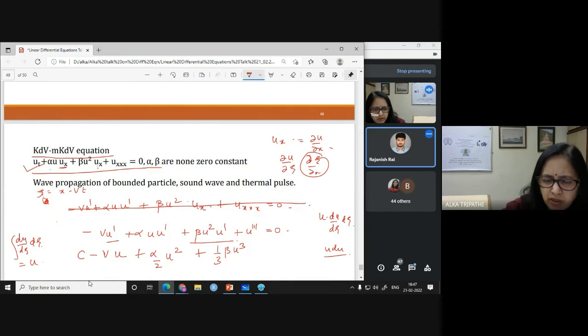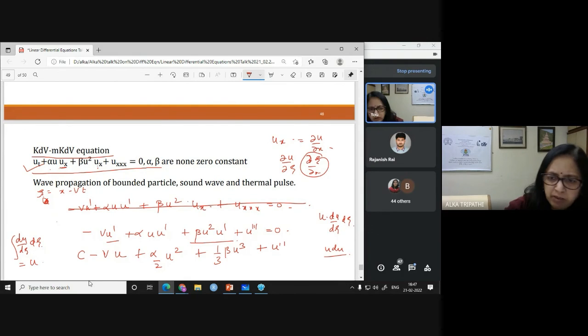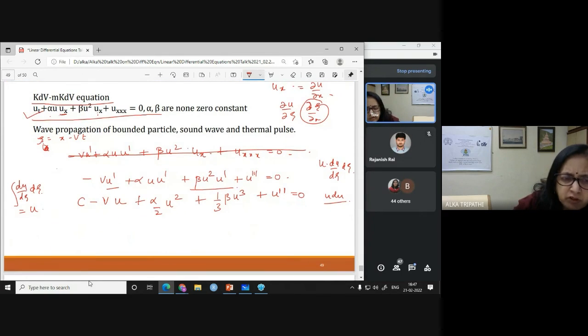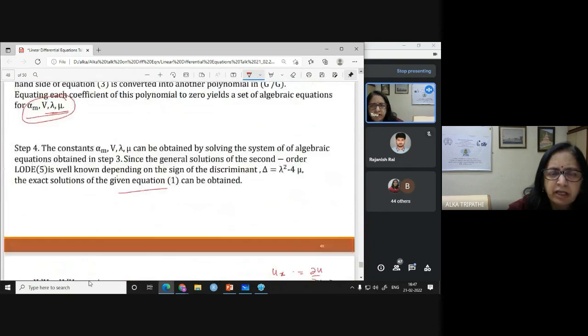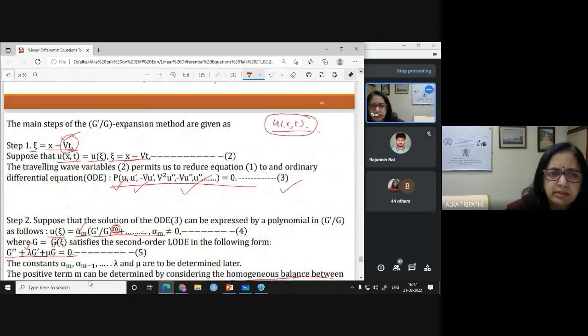And the fourth term will be u triple dash, so it will be u double dash, equal to 0. In this case, we will assume our solution u(ξ) is of the form alpha m g dash by g to the power m, as in step 2.